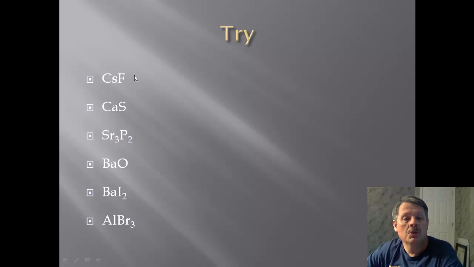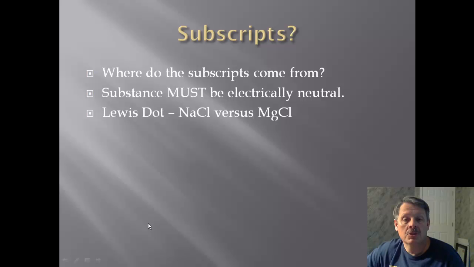We're going to do a lot of these, so you just have to practice them. Cesium fluoride, calcium sulfide, strontium phosphide, barium oxide, barium iodide, and aluminum bromide. Again, the subscripts don't matter when we're going from the compounds to the names.